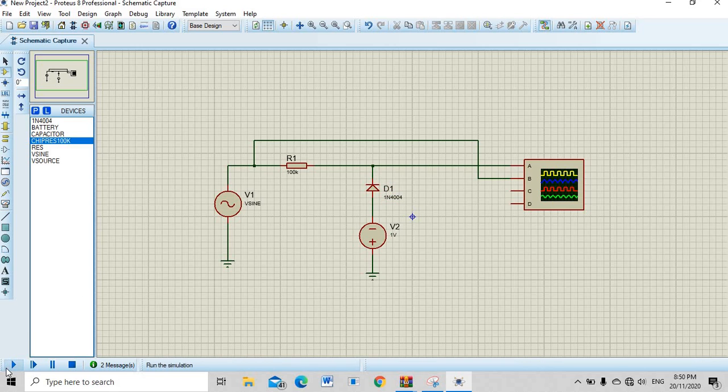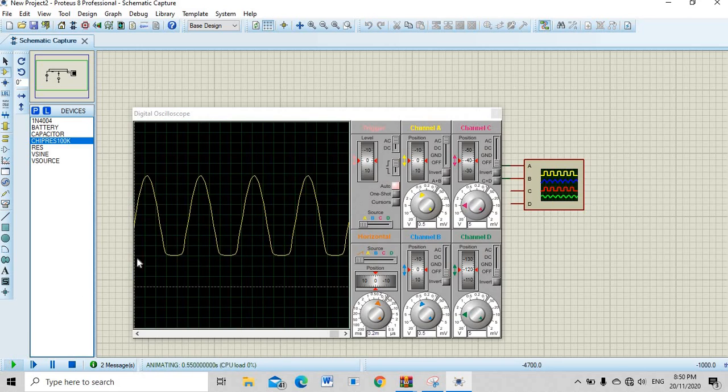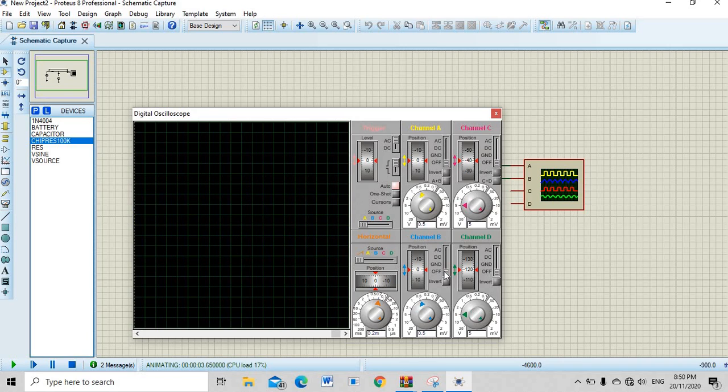Run this simulation. Let's see the input first. The input of the circuit is the same, and then the output.